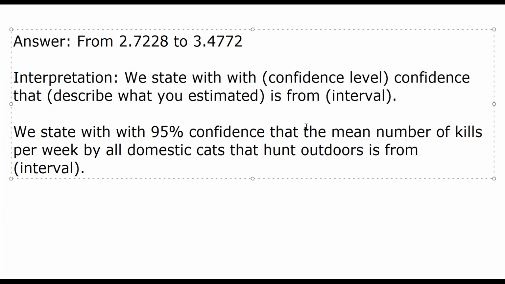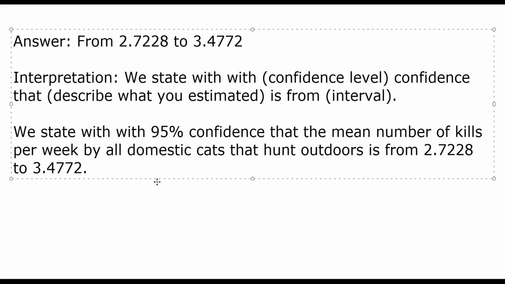Of course, it takes more time as you're writing it by hand. We state with 95% confidence that the mean number of kills per week by all domestic cats that hunt outdoors is from, and then you insert your interval. Let's insert our interval here. And we have our interpretation specific to this problem.